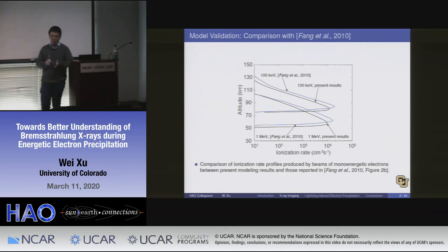As far as I know, the background atmosphere density can change the altitude of peak ionization by up to 10 kilometers. So we can easily change the background atmosphere and try to match Fang's calculation. We probably need to do another test, and it's already very close here.